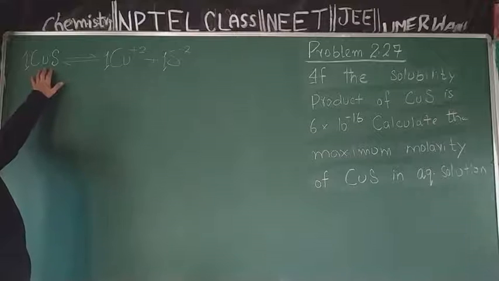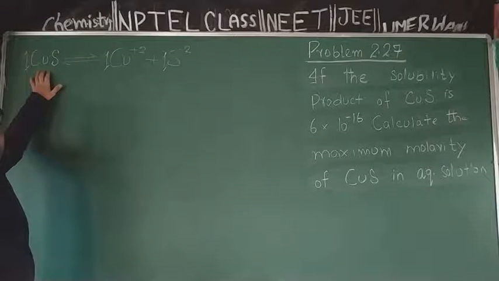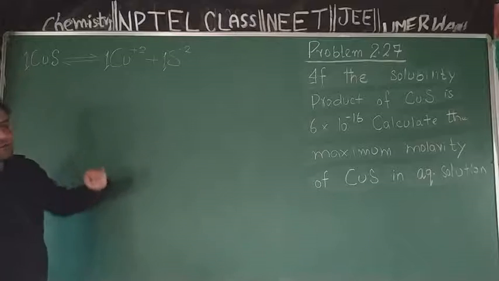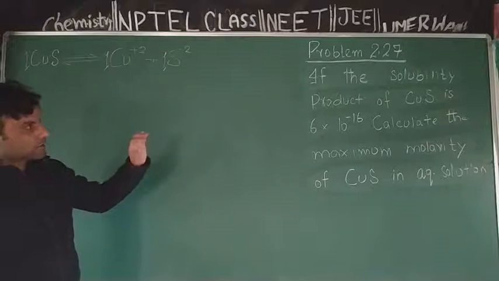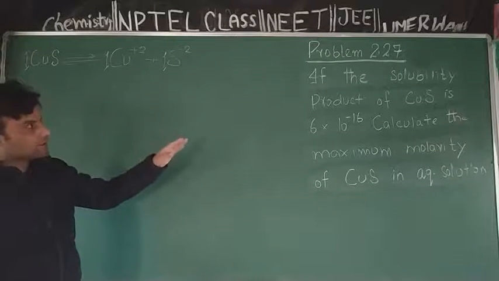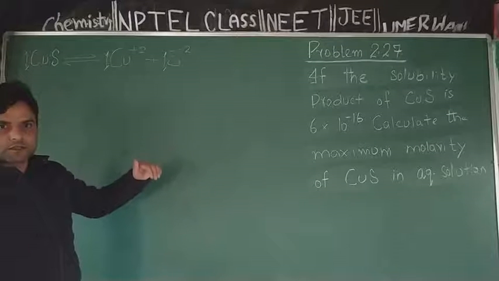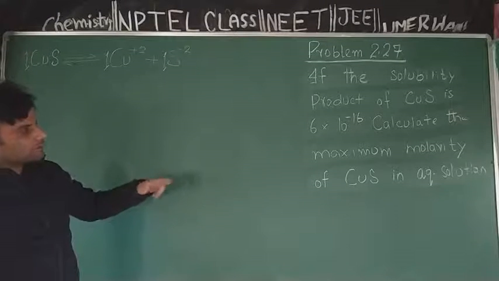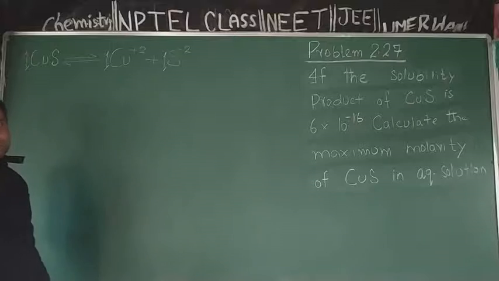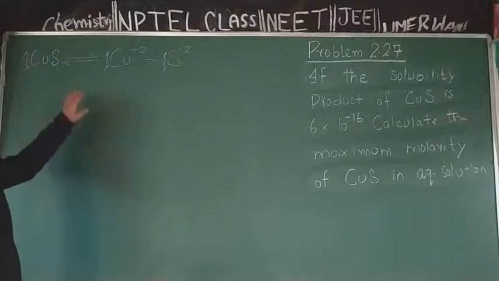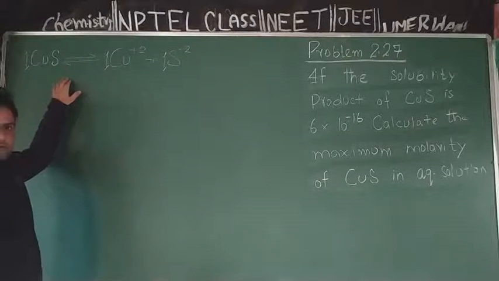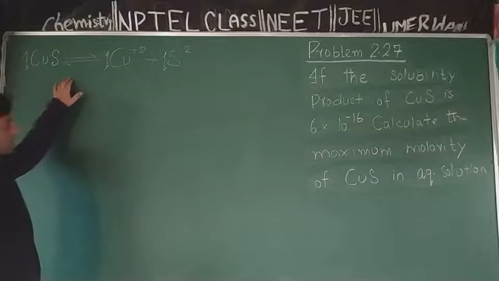Because its solution will represent a saturated solution, the maximum concentration of a saturated solution becomes equal to solubility. That is why solubility product is given. From solubility product I can get solubility, and that solubility will become its maximum molarity or maximum concentration, because the maximum concentration of a saturated solution is its solubility.